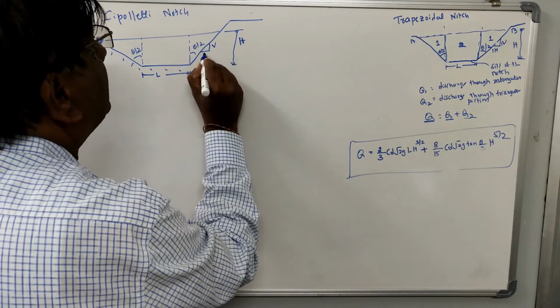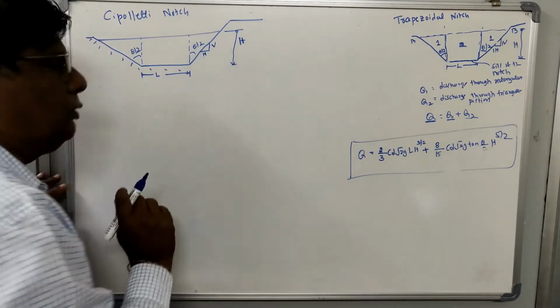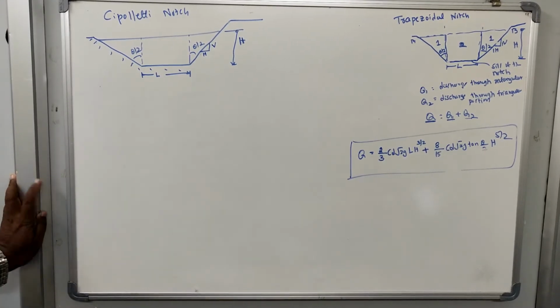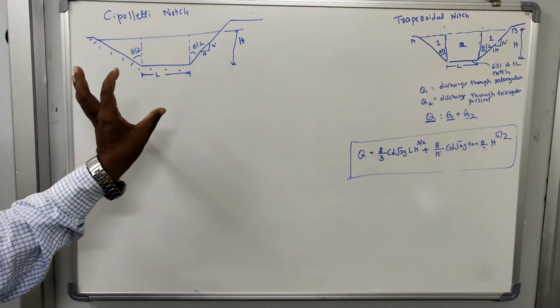So this is vertical and this is the horizontal slope. Small v stands for the vertical slope and small h stands for the horizontal slope. Okay, this is the Cipolletti notch.